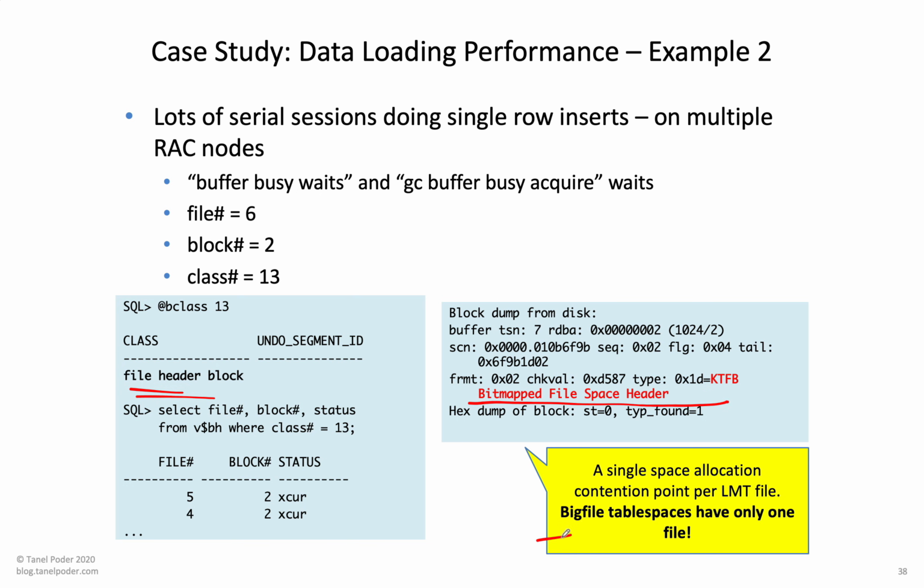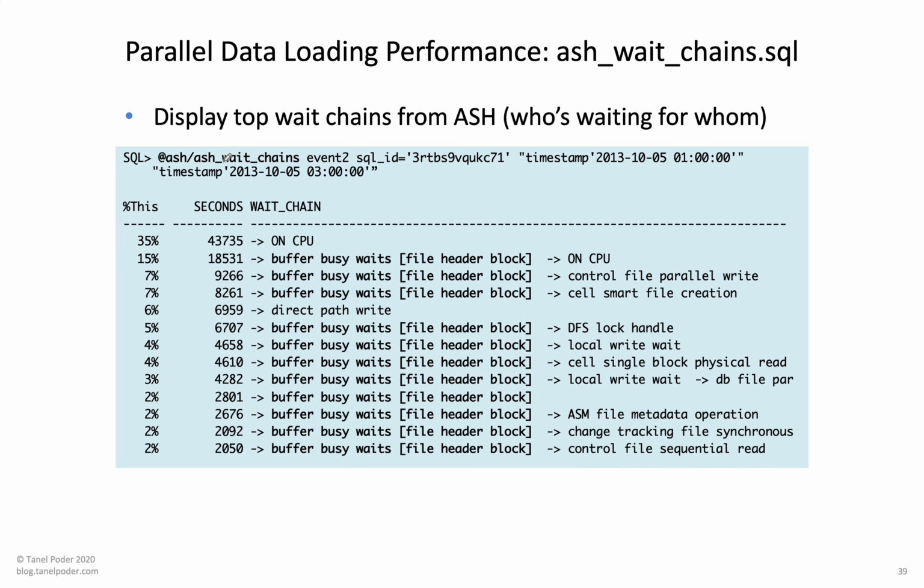And if you have a bigfile tablespace, you only have one file per tablespace. So everybody who allocates extents in this bigfile will contend for the same block, because they want to modify bits there, and see where the next bitmap block is in the file and so on. Here's another example, maybe to finish: the hash rate change shows you that as well. We had a lot of buffer busy waits on the file header block, and now you see what the holders of this buffer pin were doing, right?